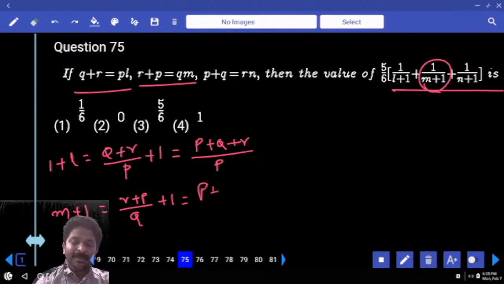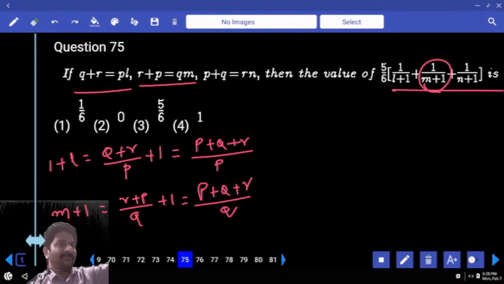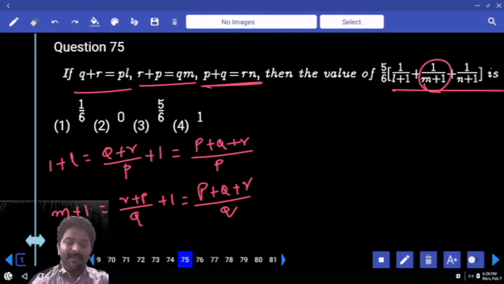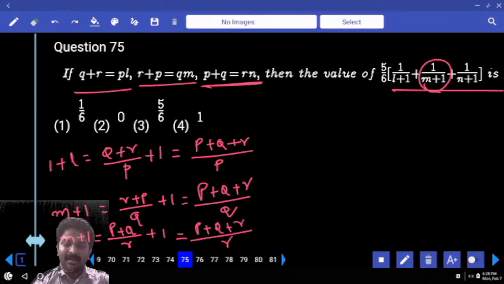Again, P plus Q plus R by Q. While writing the final values, I am following the order. Next, N is equal to P plus Q by R. N plus 1 is also equal to P plus Q plus R by R.